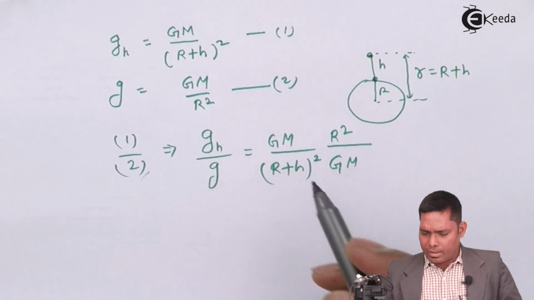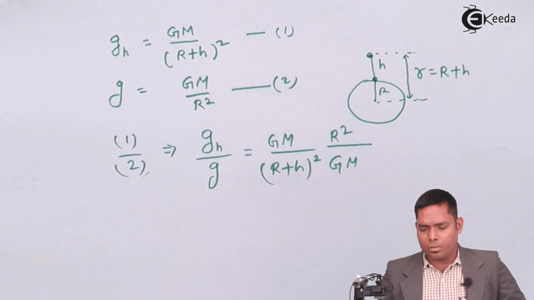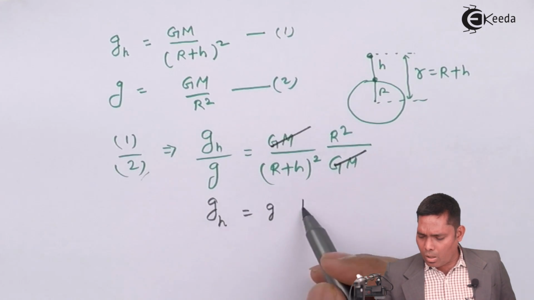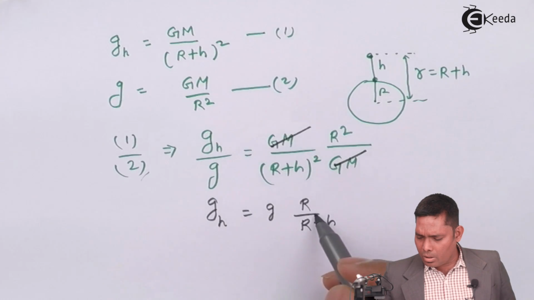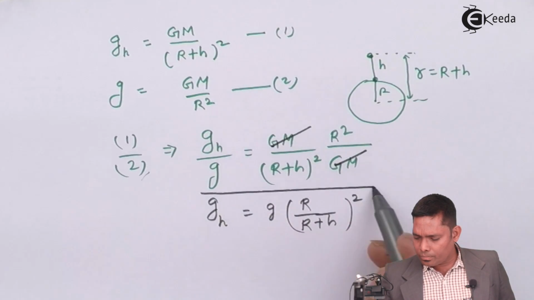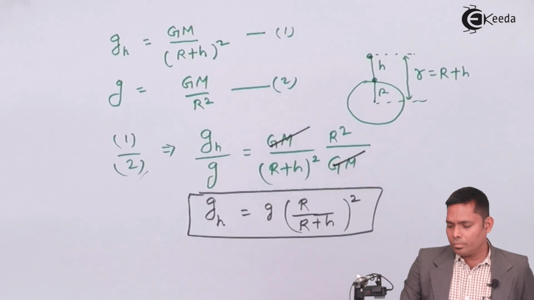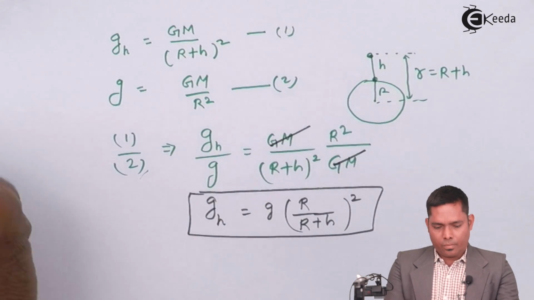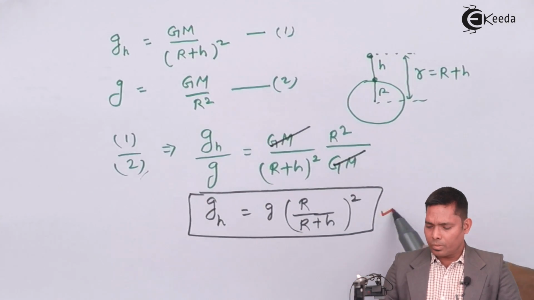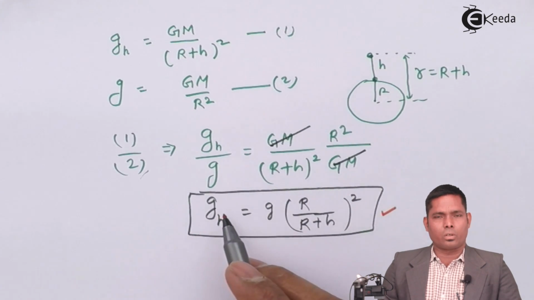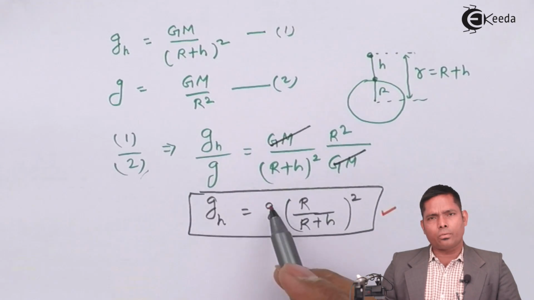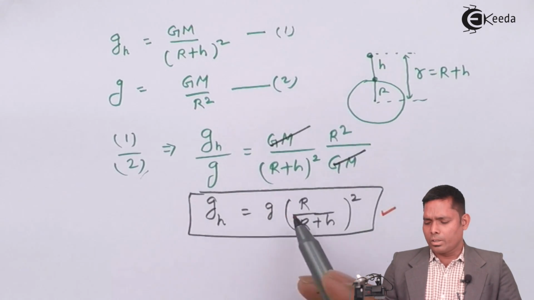So from here, what will cancel is GM, and g_h equals g into r over (r plus h) the whole square. Now this one is the final expression for the acceleration due to gravity at a height h above the surface of the earth in terms of acceleration due to gravity on the surface of the earth. So this is the general formula.